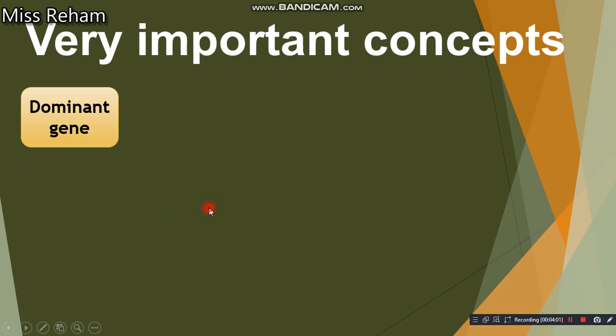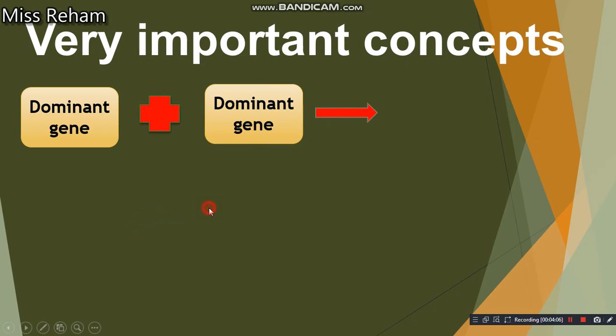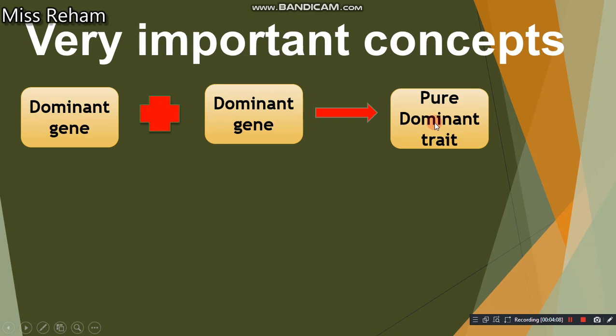Dominant gene with a dominant gene produce pure dominant traits.